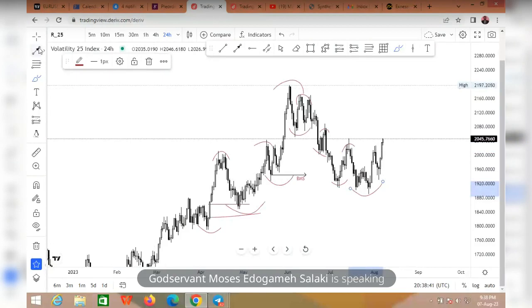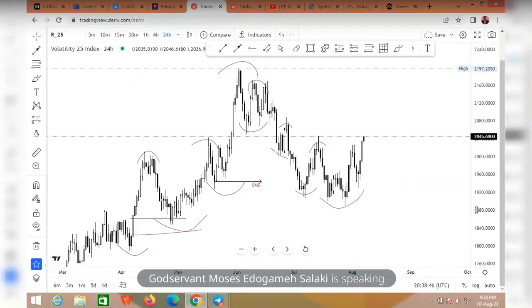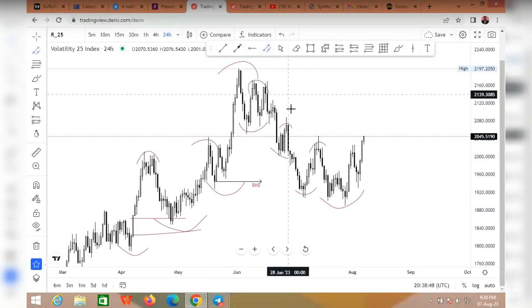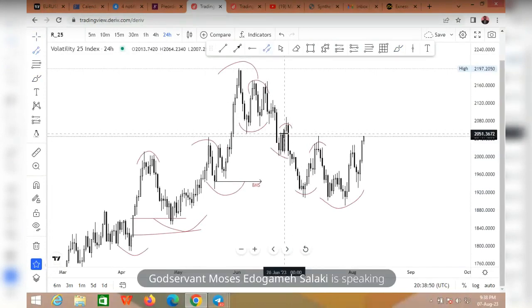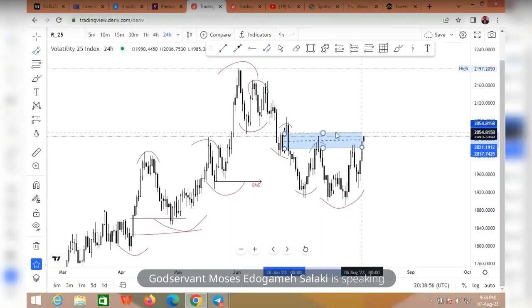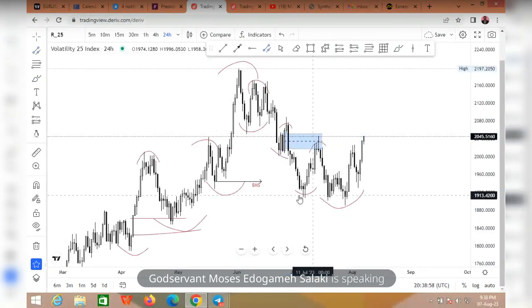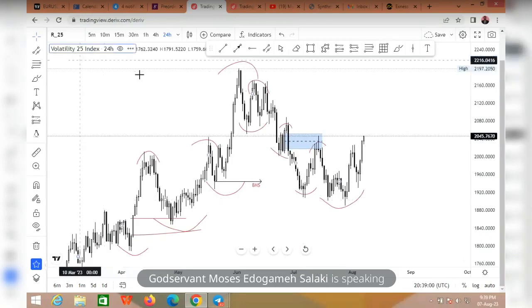Following that structural point, price came to all of this. We caught this entry because we analyzed this in the mentorship team. That's this first entry. We cut this down, then played off this one too.